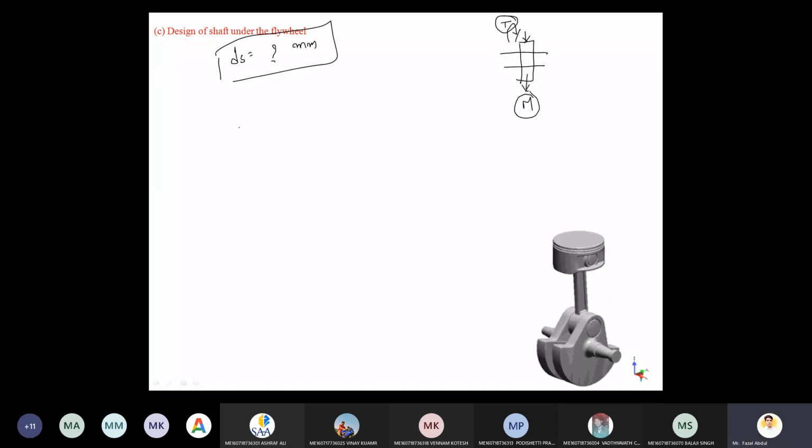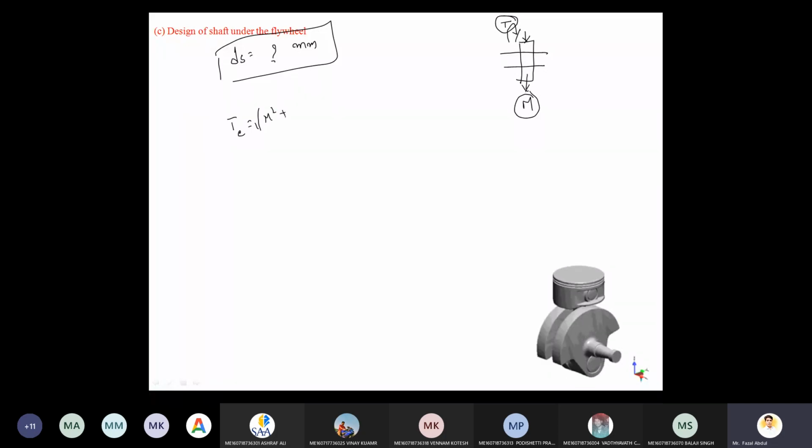So for that reason, equivalent torque, we are writing the equation: T equal to square root of m square plus t square. Consider this as equation one. Here we are calculating the shaft size.